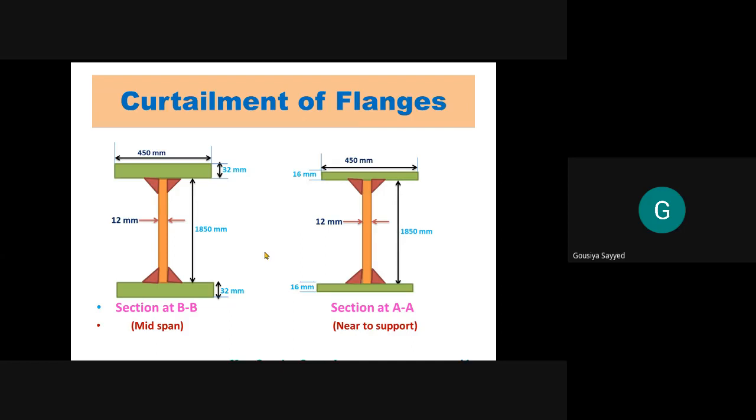Then we get the distance at which curtailment of flange is necessary. In this manner you curtail the flange from 32 to 16 mm. In sheet number 6, if I take a section along the midsection, I get this cross section, and this is the section near the support where the flange is curtailed from 32 to 16 mm.